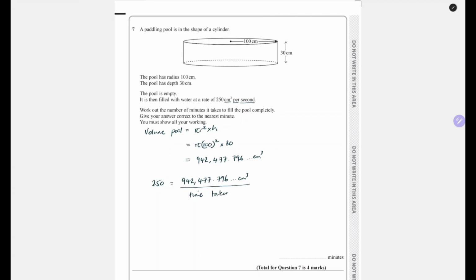So we're going to rearrange to make time taken the subject. And so that's 942,477.796 over 250.